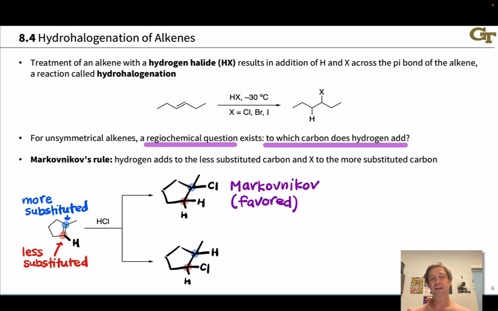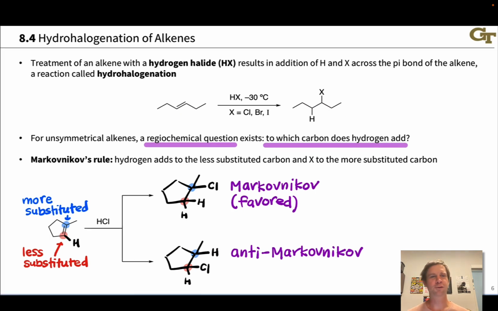The product with chlorine linked to the less substituted carbon, or more generally the halogen atom, is known as the anti-Markovnikov product, and it's a minor product if it's observed at all, although we'll learn a method later in the course for generating the anti-Markovnikov product selectively. It doesn't involve the same mechanism as Markovnikov hydrohalogenation, which will be our focus here.